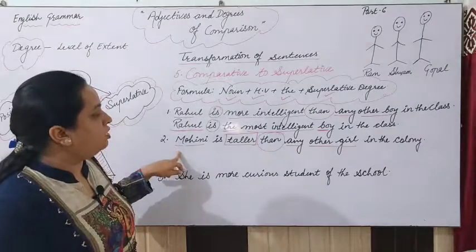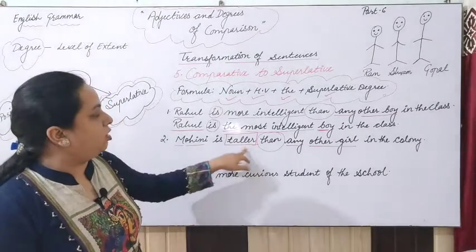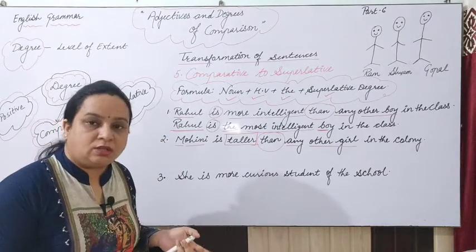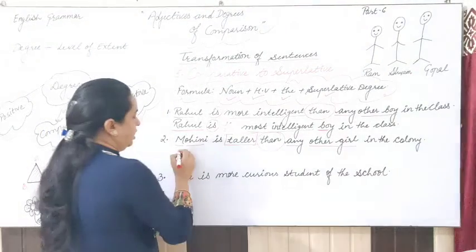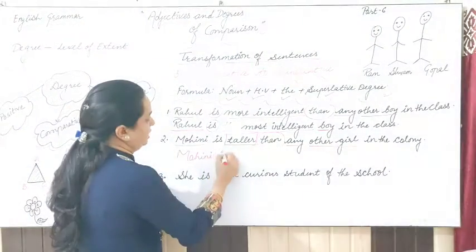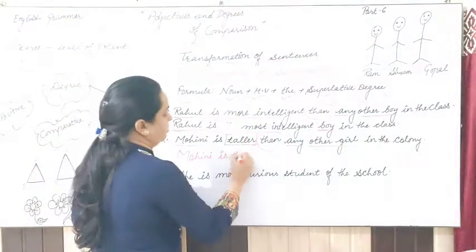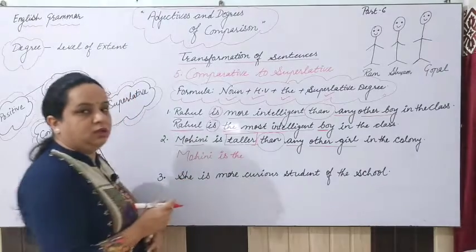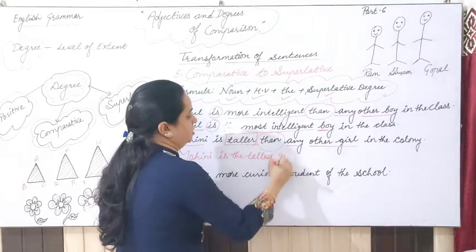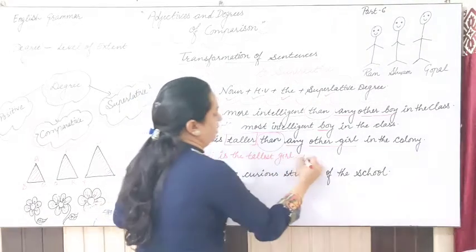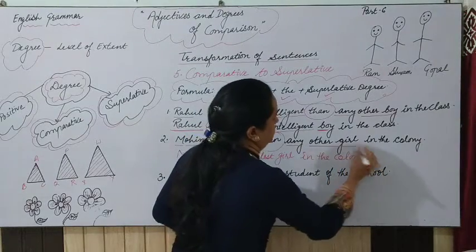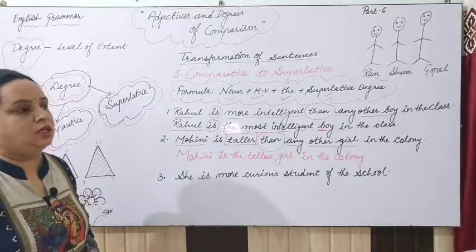So now what will you do? Mohini is taller than any other girl in the colony means Mohini is the tallest girl in the colony. So you have to write that only. Mohini is the noun, then the helping verb is, then the, and what is the superlative degree of taller? That is tallest. So tallest girl in the colony, right? So this is the answer.